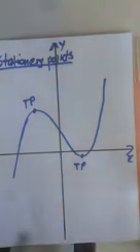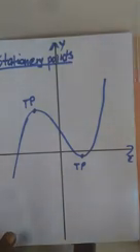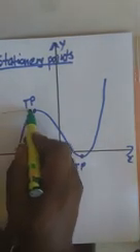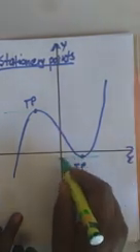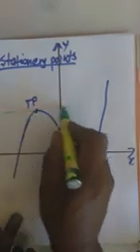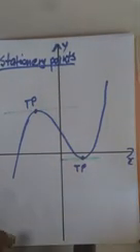If you look at a stationary point, if you were to draw a tangent at a stationary point, you would realize that the tangent is parallel to the x-axis.